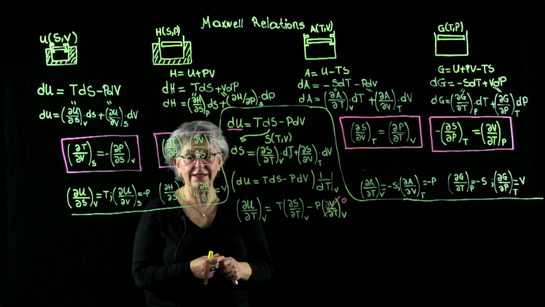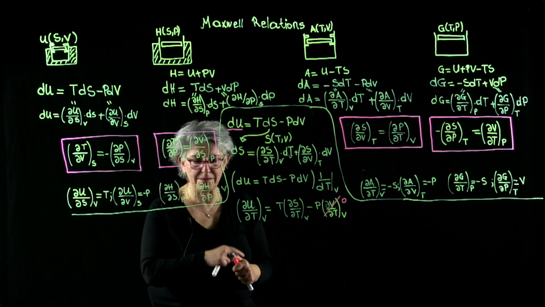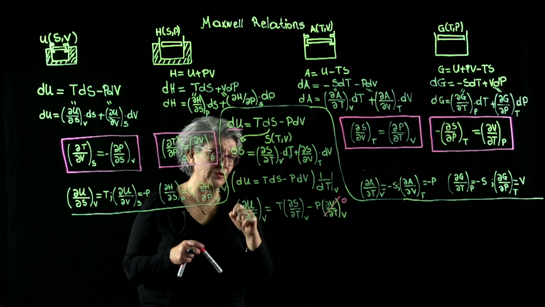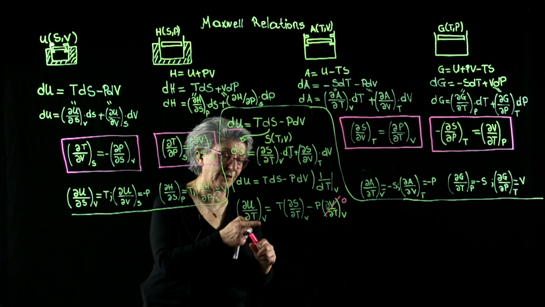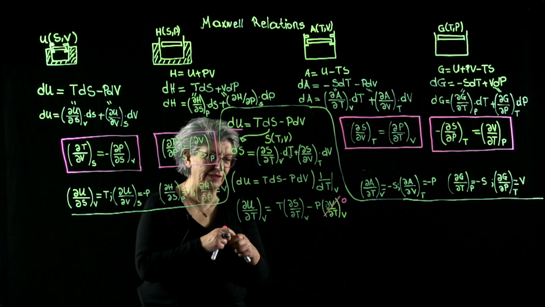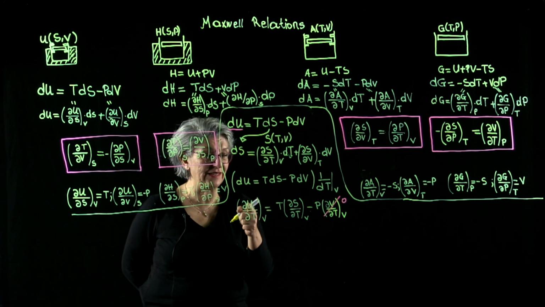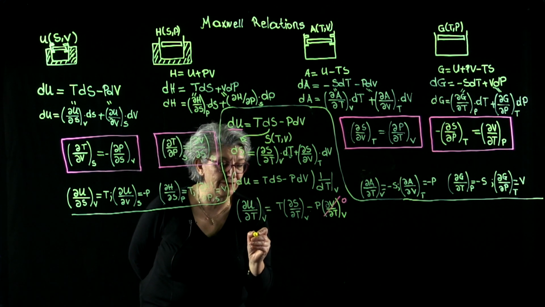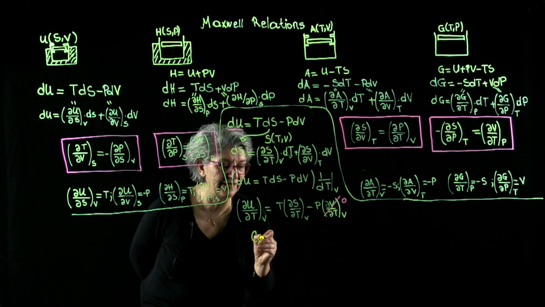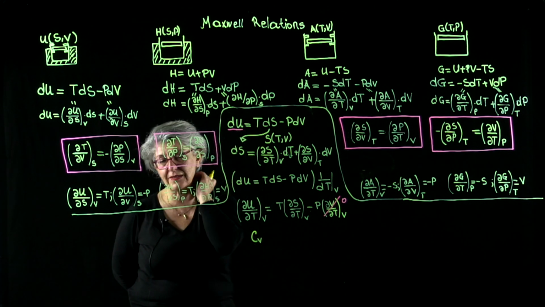Remember that du, the total derivative of U with respect to T, was equal to CV star for the ideal gas. Now this is the real fluid, a real U. This is going to be C sub V, the constant volume heat capacity.